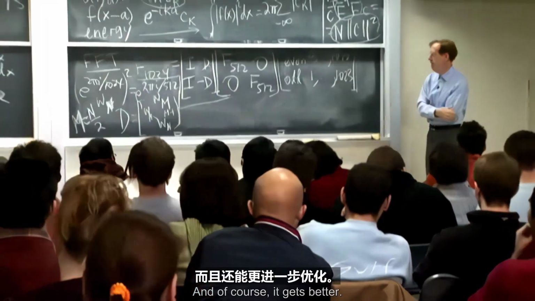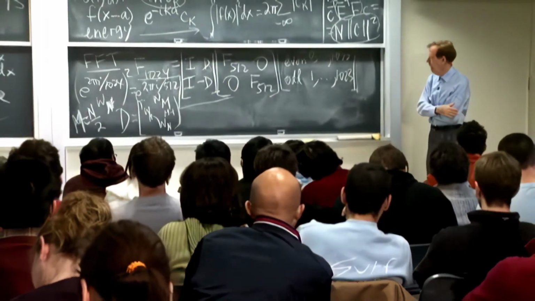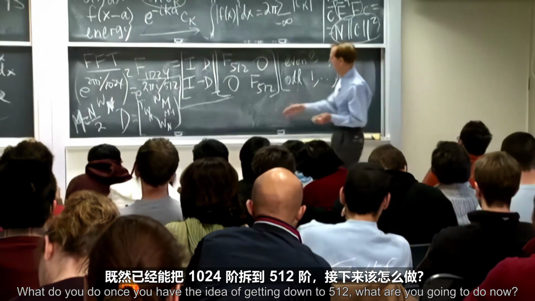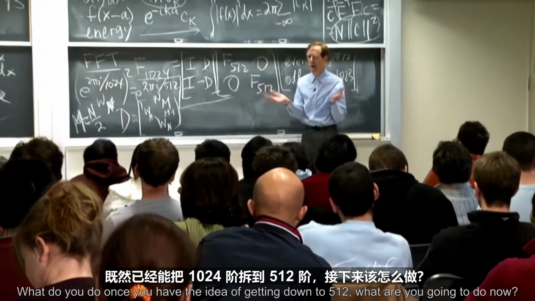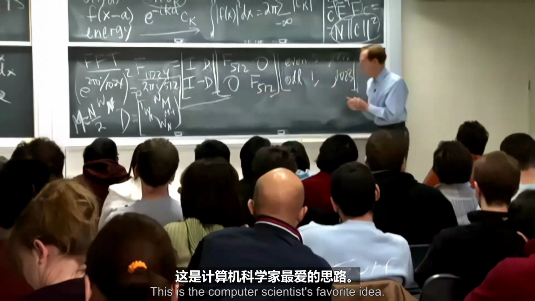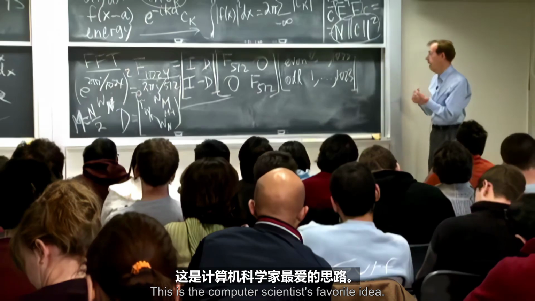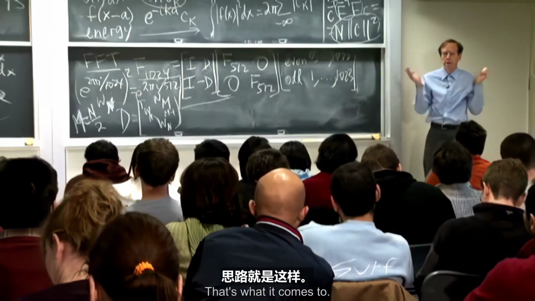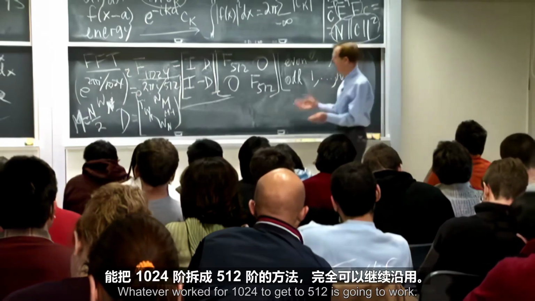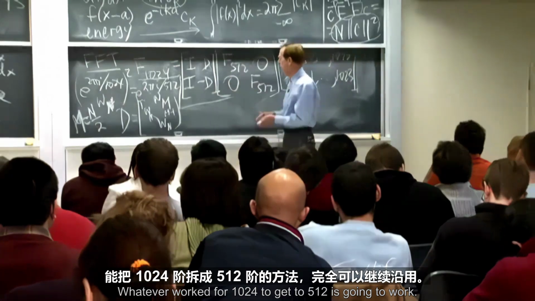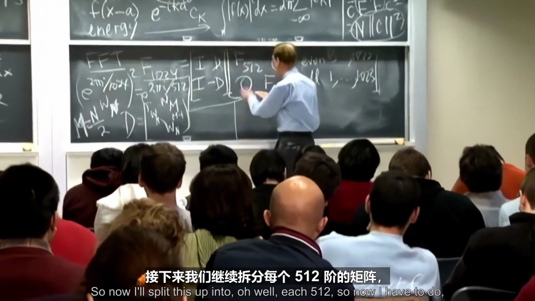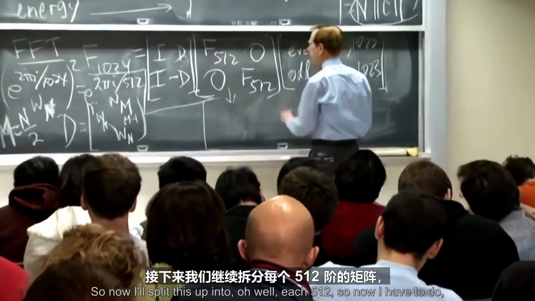And of course, it gets better. What do you do once you have the idea of getting down to 512? What are you going to do now? This is the computer scientist's favorite idea. Do it again, right? Whatever worked for 1024 to get to 512 is going to work. So now I'll split this up into each 512.